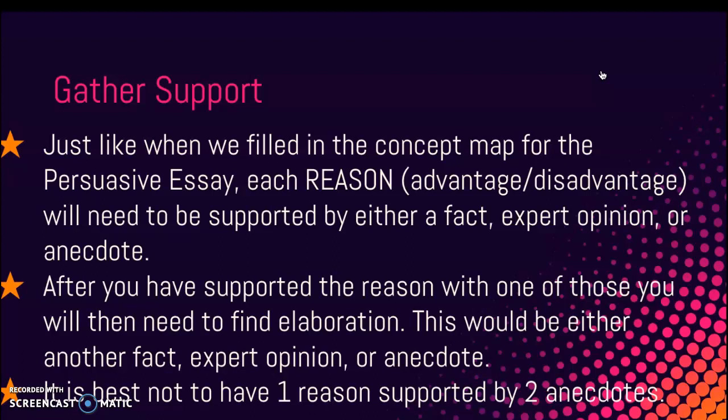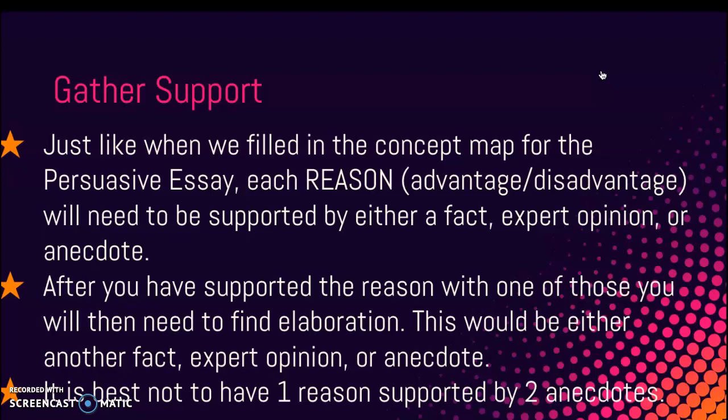So I could find another fact, another expert opinion, or another anecdote, just to really drive home that there's evidence out there for the reasons that we have come up with. There's evidence and elaboration to support those.